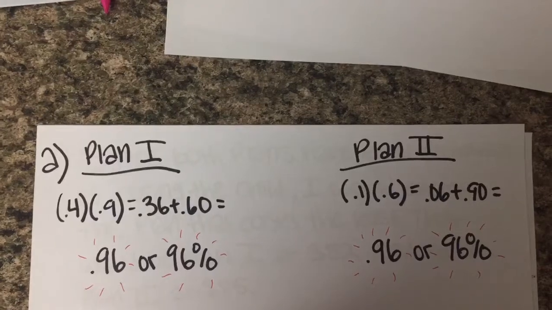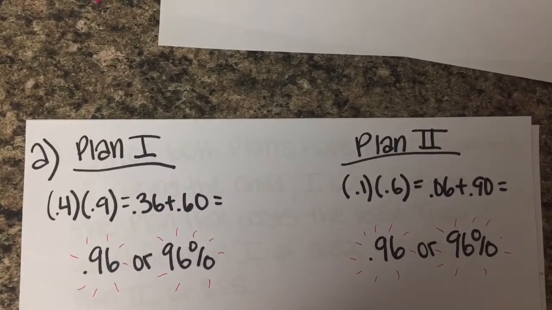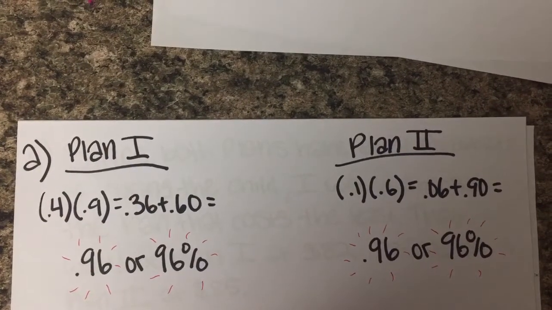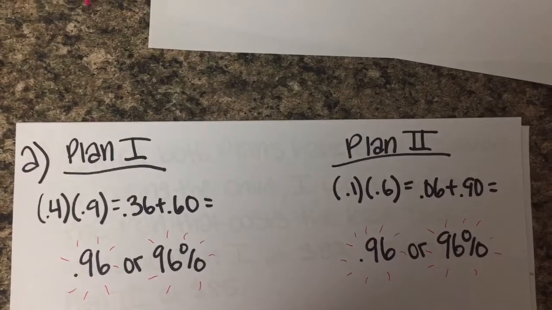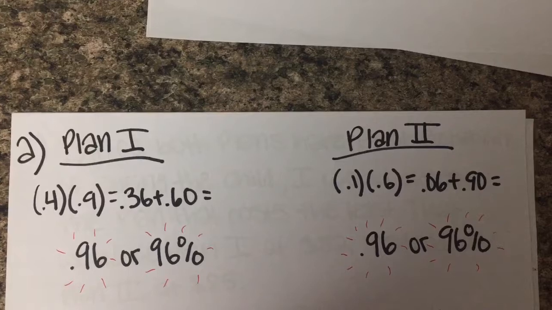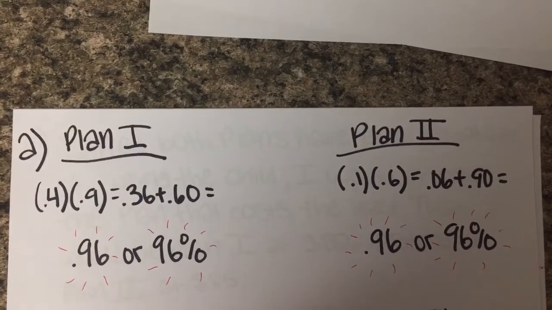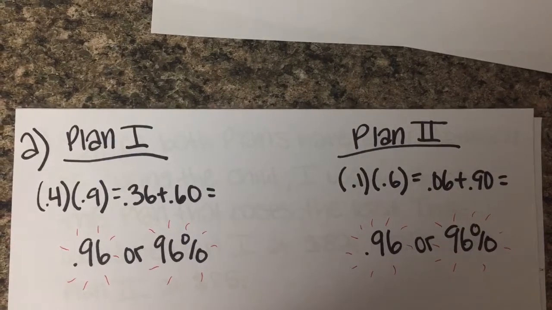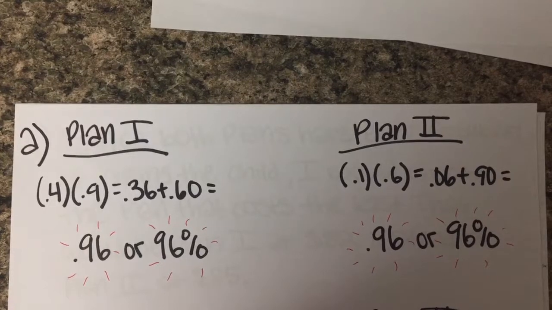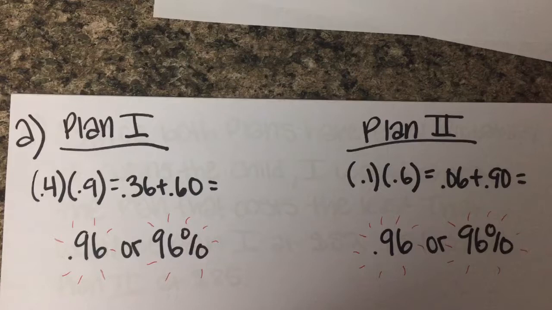Part A asks about the probability for each plan. So for Plan 1, you needed to multiply 0.4, which is the probability that antibiotic A would not work, times 0.9, which is the probability that antibiotic B works, and you get 0.36, and then to that you need to add 0.6 because that's the probability that antibiotic A works in the first place, and that all adds up to 0.96 or 96%.